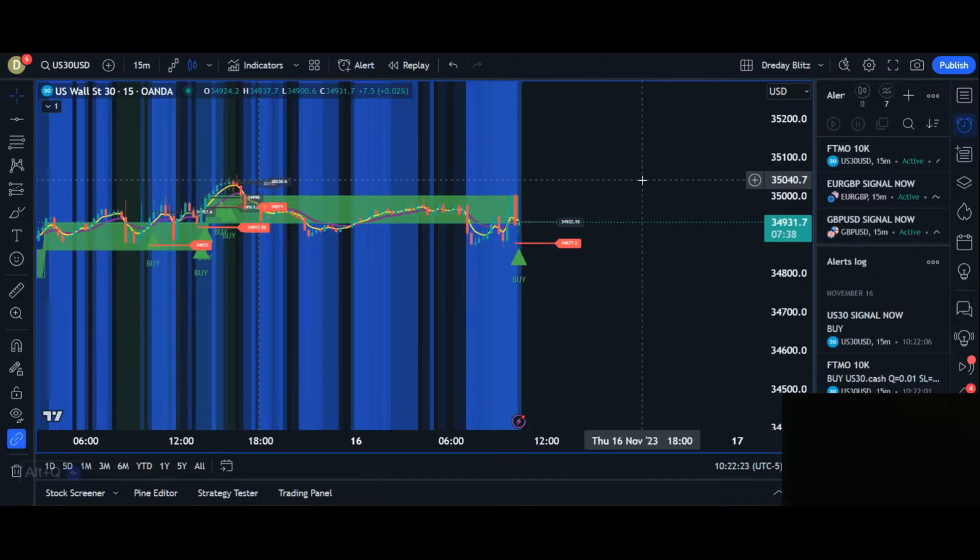I have another buy signal right now. Okay, so I have to change that.